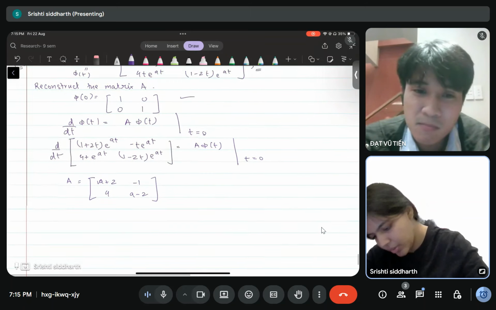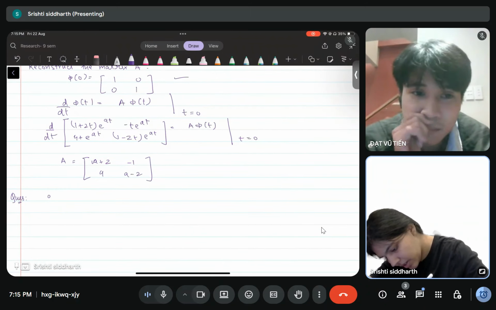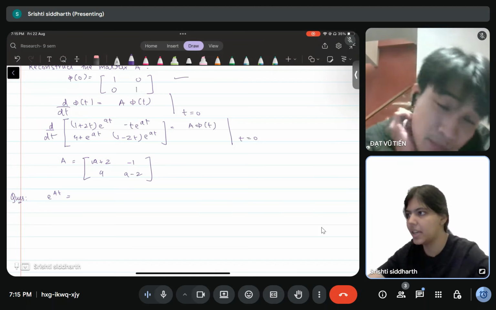So again, there's another question. You can try this out later. This is again a state transition matrix e to the power At.